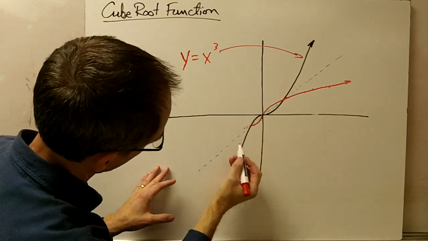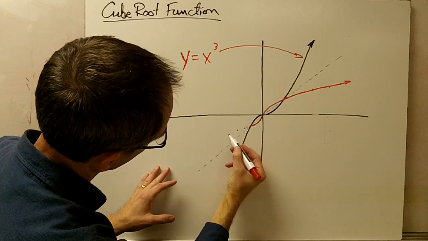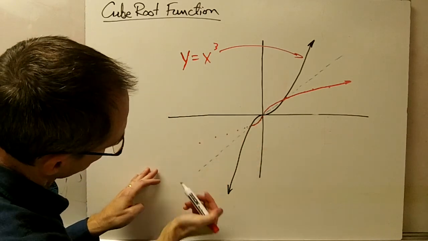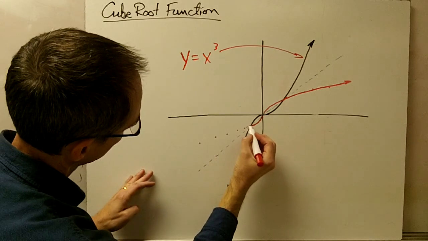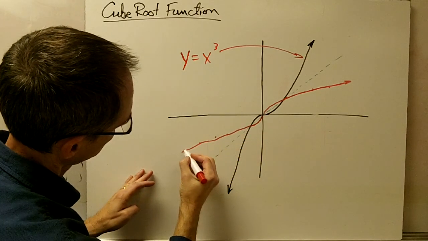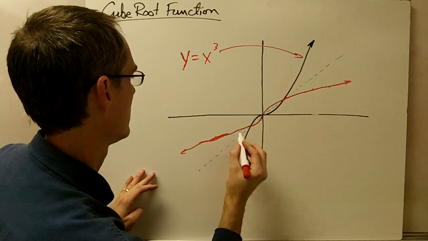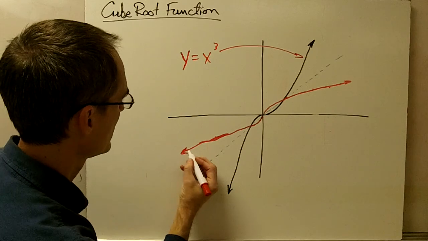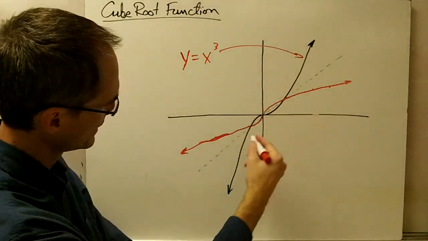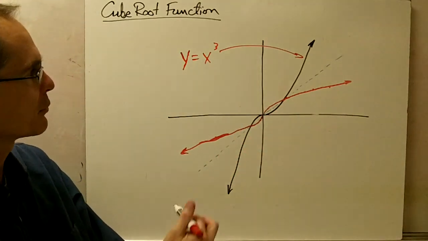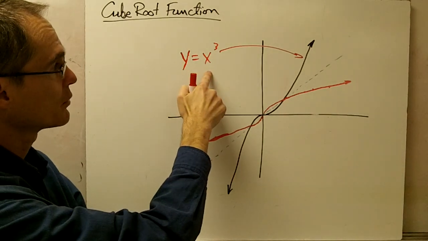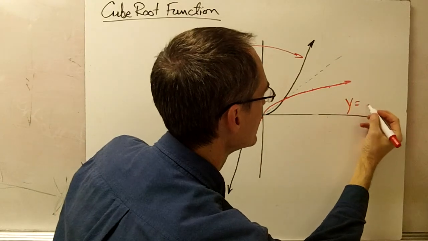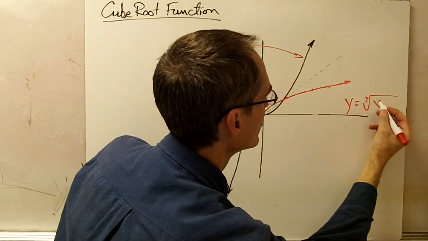And then keep reflecting these points across this line. And that's going to look something like that. So here, again in red, I've got my reflection of this y equals x cubed function, and this is my function y equals the cube root of x.